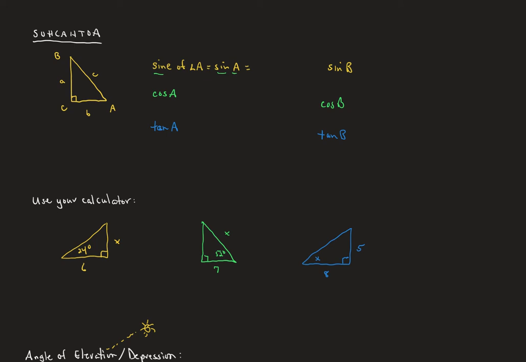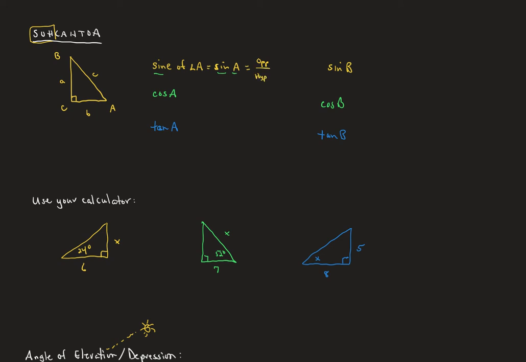So the sine of angle A, that's going to come from this part of our Sohcahtoa. So that's supposed to tell us that there's the S, the sine of an angle is the opposite side over the hypotenuse.